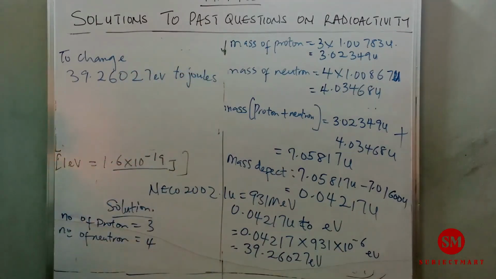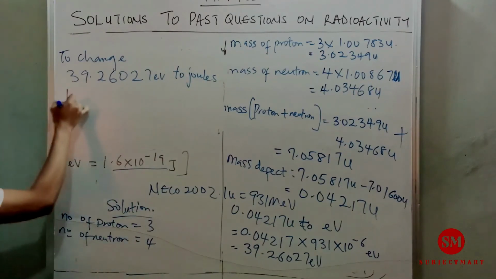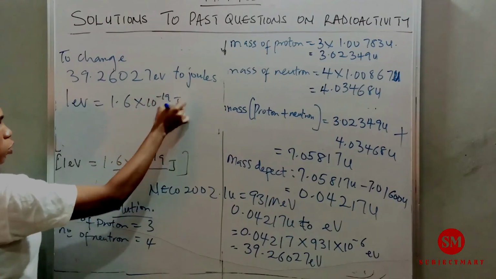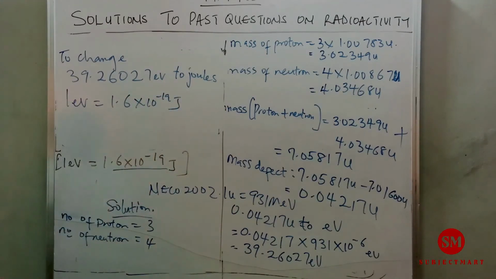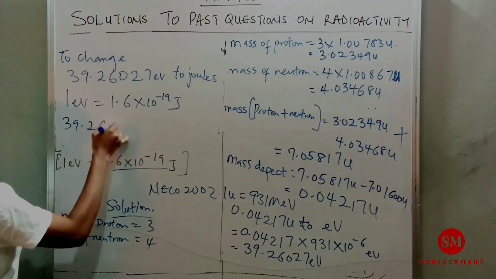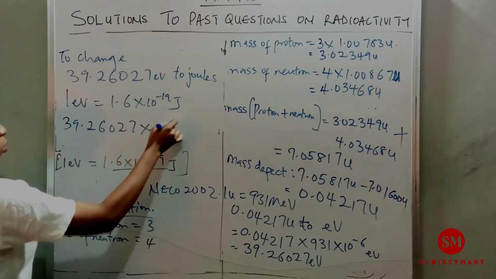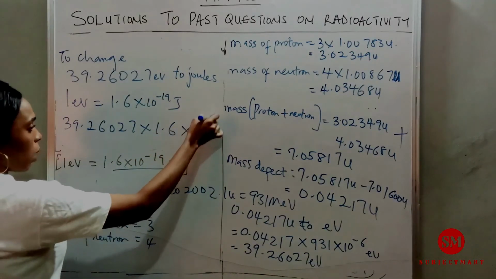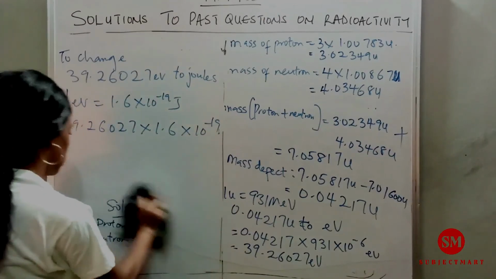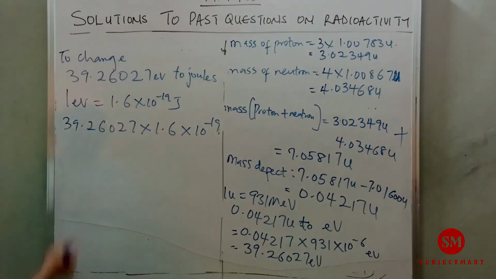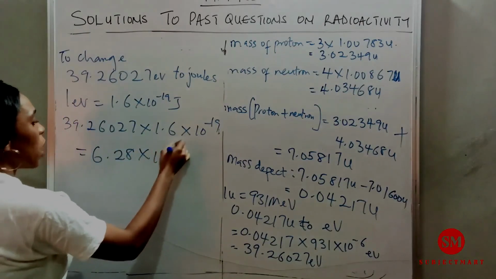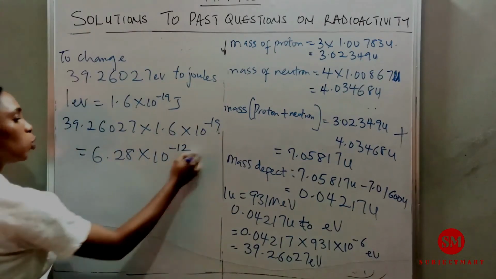You recall that 1 electron volt is equal to 1.6 times 10 raised to the power minus 19 joule. So we just go ahead and multiply 39.26027 times 10 raised to the power 6 times 1.6 times 10 raised to the minus 19 joules. So if you multiply that, we are going to have 6.28 times 10 raised to the power minus 12 joules.